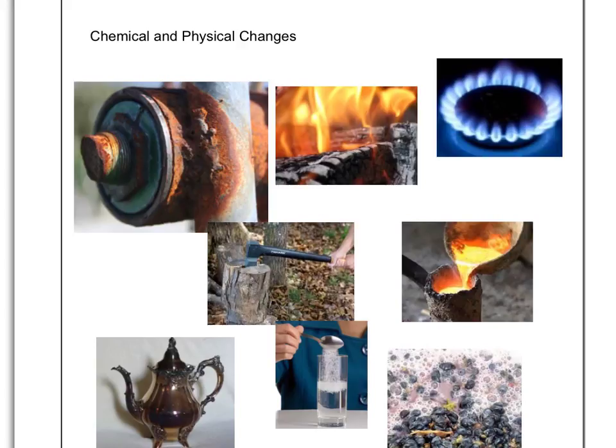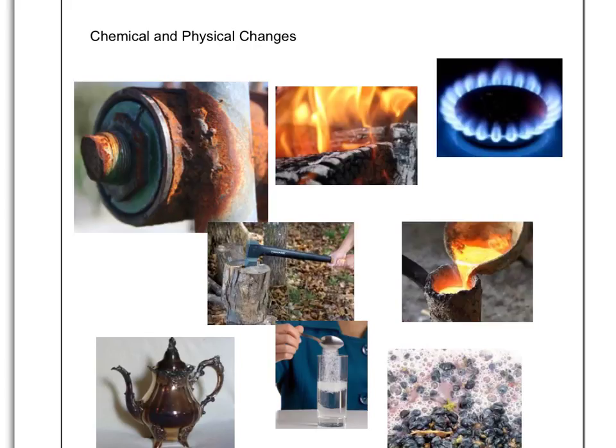Closely related to chemical and physical properties are chemical and physical changes. There is a slight difference. A chemical change is something where you have a different product than what you started out with. In other words, you've combined elements, you've broken apart molecules, you've had some reaction so that you don't have the same substances that you had to begin with.